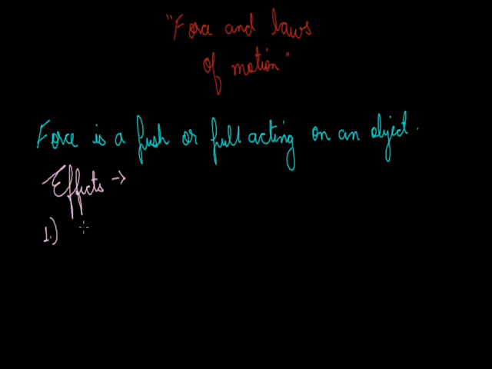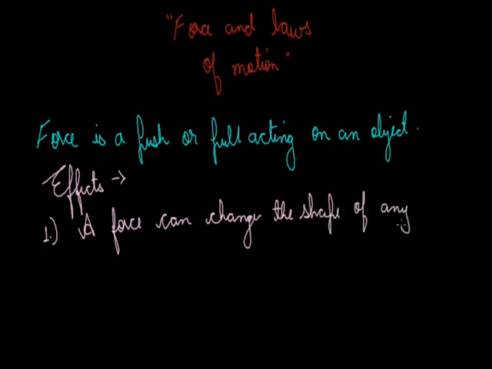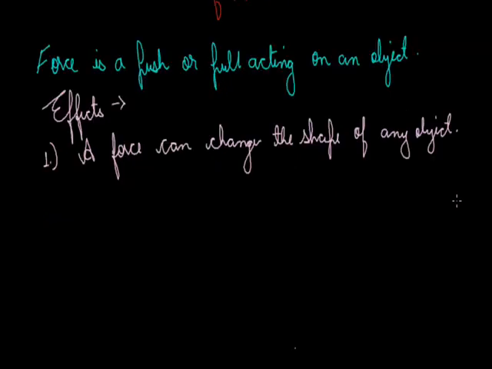First, a force can change the shape of any object. For example, if we consider an empty carton made up of cardboard, it is flat, meaning it is in a cuboid shape.